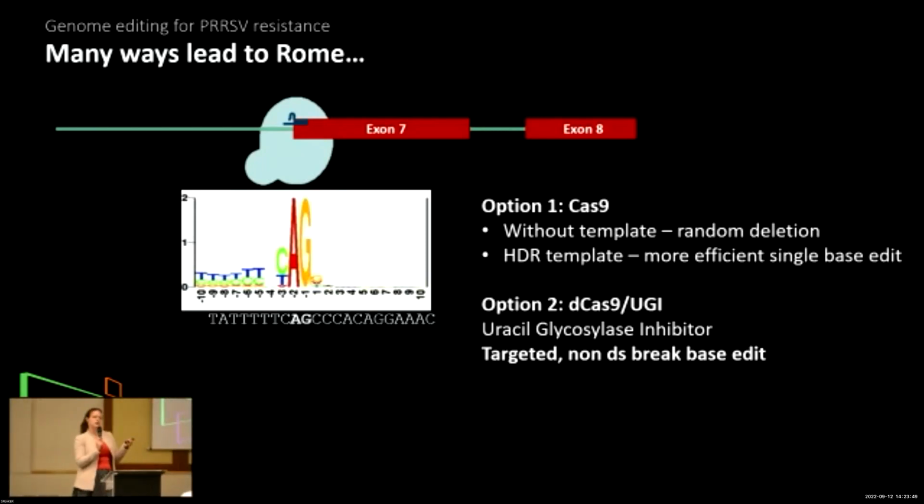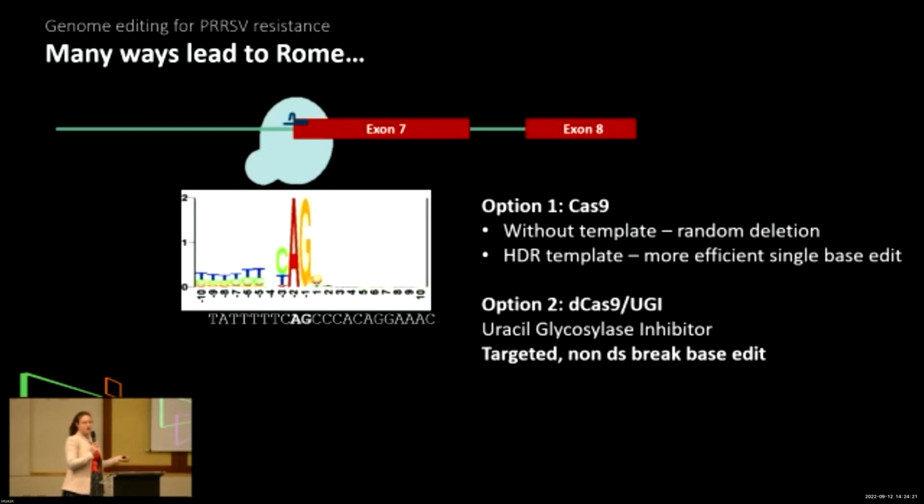We can change single bases to get the same effect. So we can target a guide here and just do a random change and a random short deletion, or we can use an HDR template to make a single change, for instance, to this G. Or last thing is we can use genome base editors, which don't cut the double strand and always give us the same outcome in removing this G.